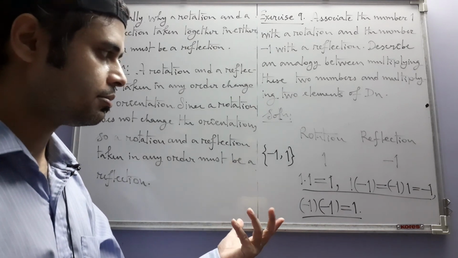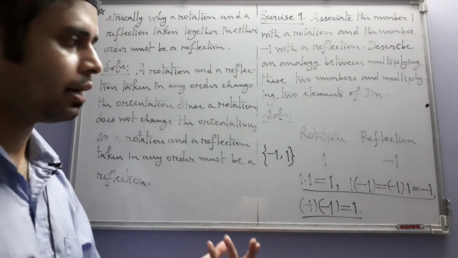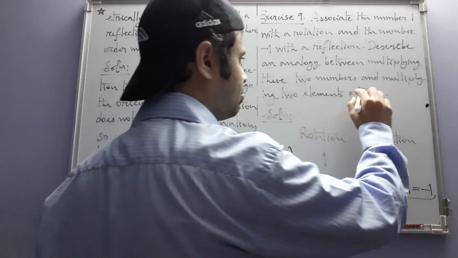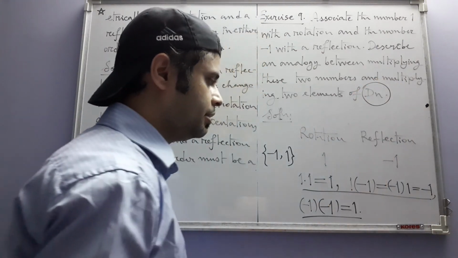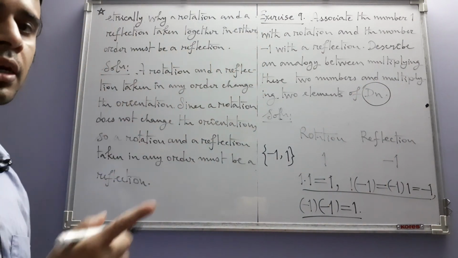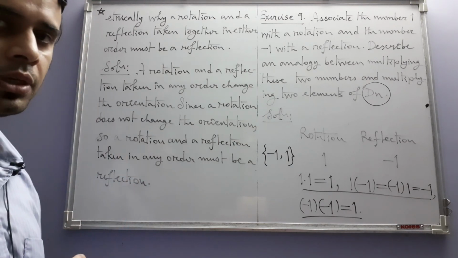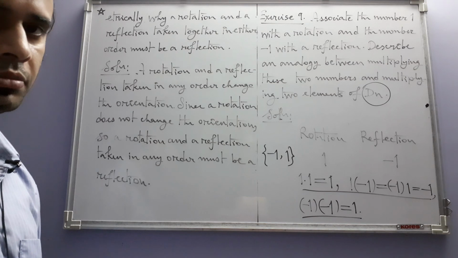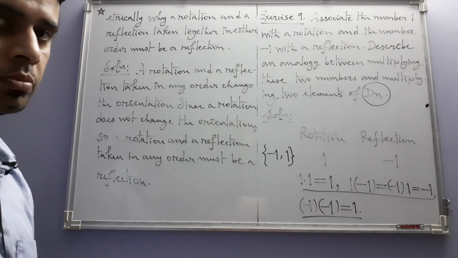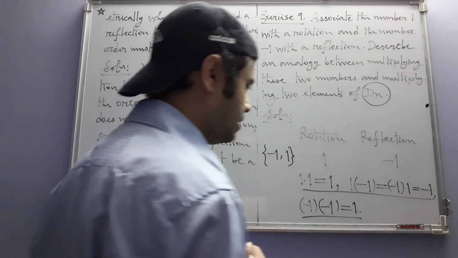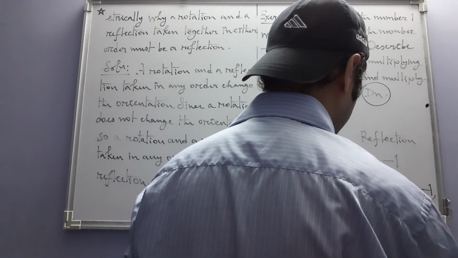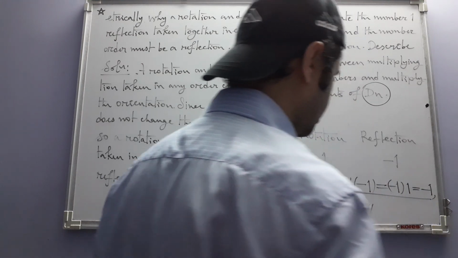And this fact that this can be done without ever calculating anything in Dn will later manifest itself as the idea of a homomorphism between 2 groups. Okay, so we will see that when we go deep into group theory.